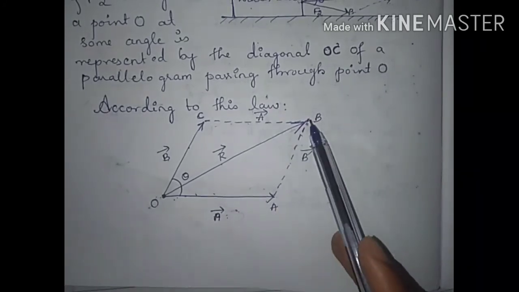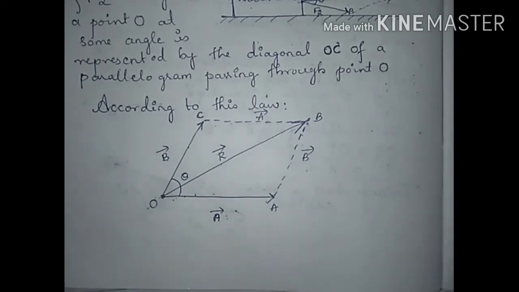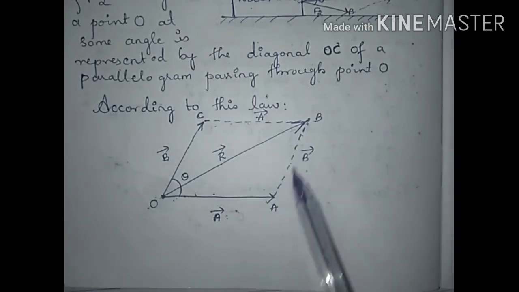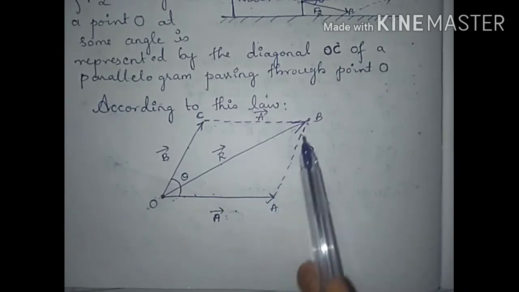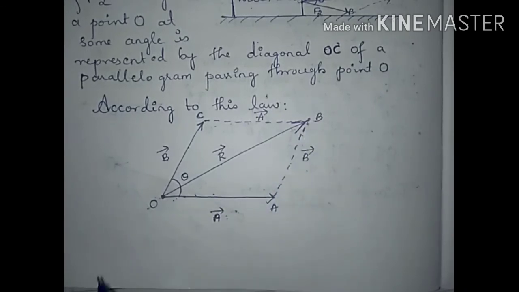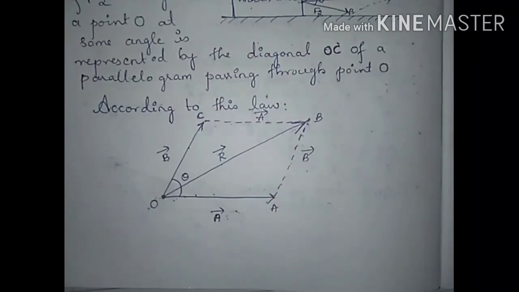OA plus AB will give OB. So OA is denoted by vector A, AB is denoted by vector B. Now if you add these two vectors, then you will get the vector R. So R is equals to vector A plus vector B. So this is what the parallelogram law of vector addition says.